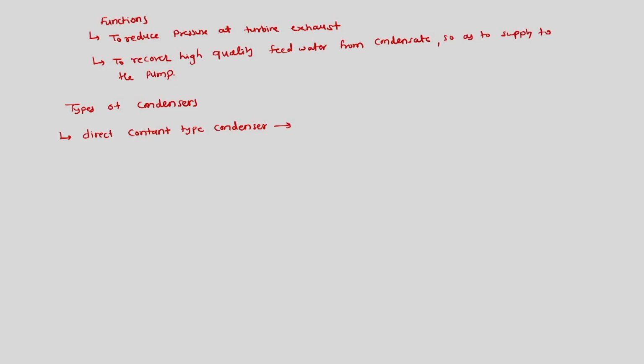Here the cooling water and the steam at the exhaust of the turbine will be in direct contact with each other, and then the steam will get condensed in the presence of the cooling water, and then the resultant stream will be used for further processing. So this is the direct contact type condenser.